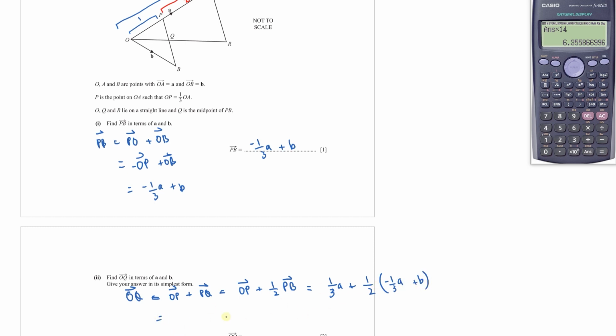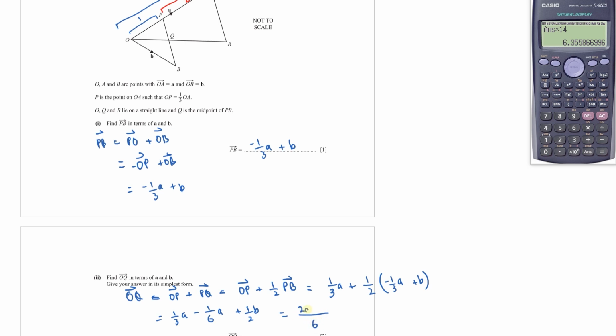So let's open this bracket. So 1 by 3 a as it is, then this will become minus 1 by 6 a, and then plus 1 over 2 b. And then we can take the LCM here. So LCM will be 6.